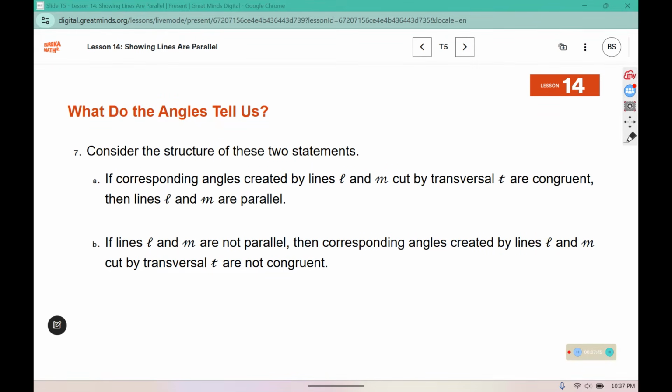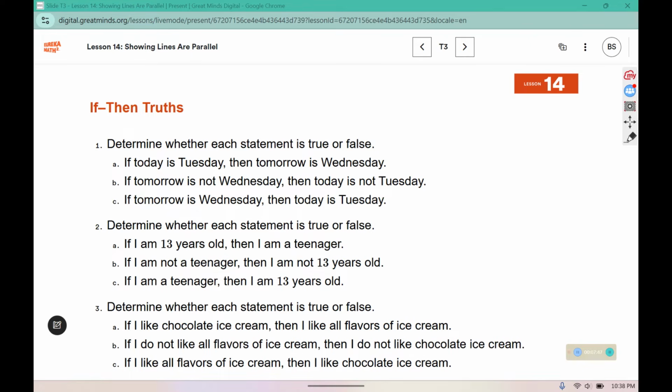Now, if we go back, when we switched the order, so the teenager and the age, and we included the word not, these had the same, we call them truth values. They had the same truth values. They were either both true or they were both false in this case.